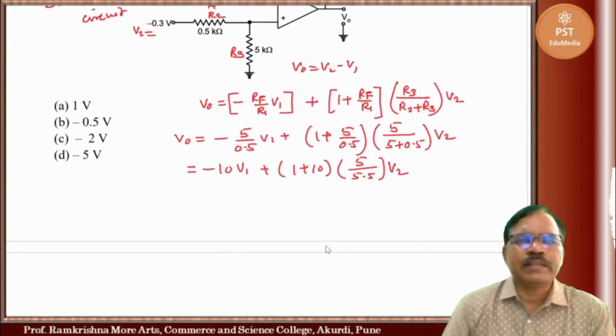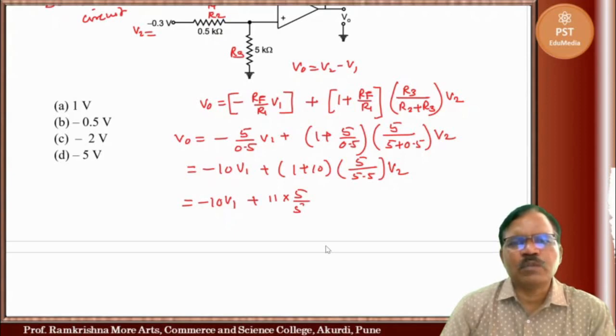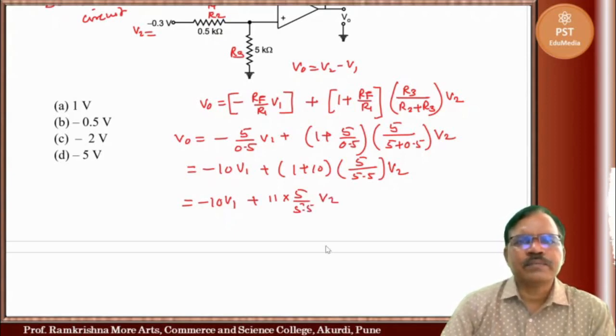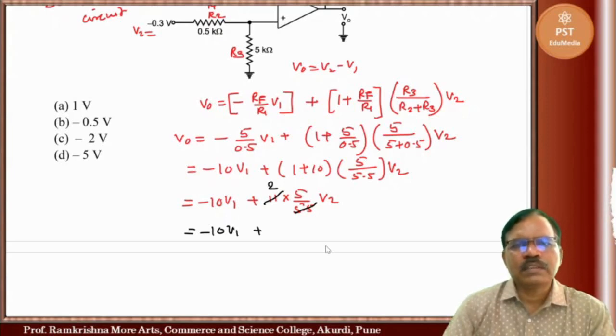So here we get minus 10 V1 plus 11 into 5 upon 5.5 V2. Now 5.5 and 11, 2. So we will get minus 10 V1 plus 10 V2.